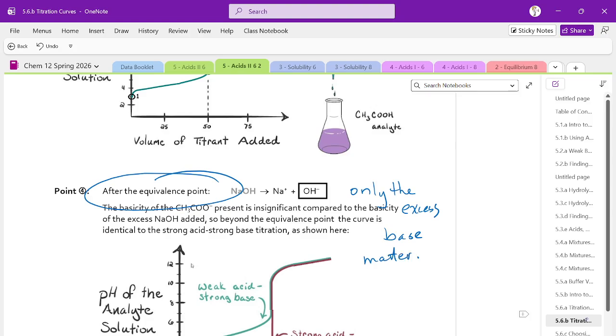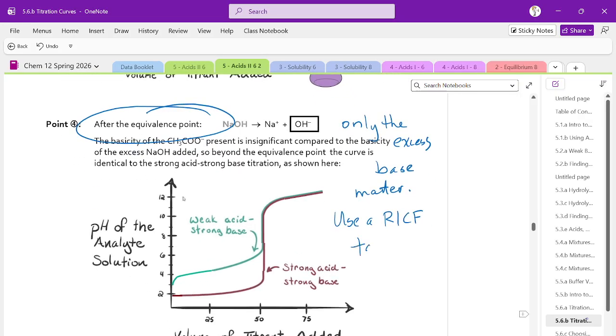If you're asked to calculate this, you would use a RICFA table to calculate moles of OH minus in excess.